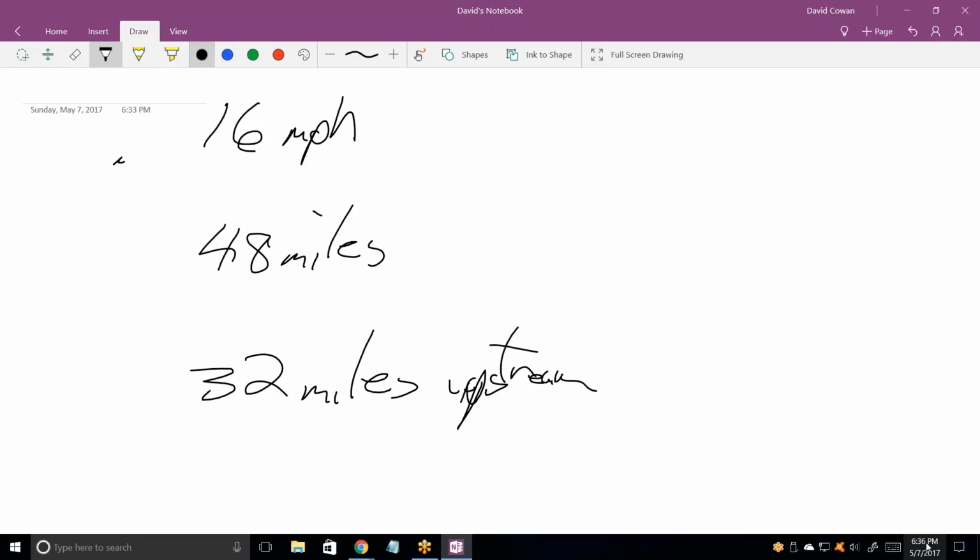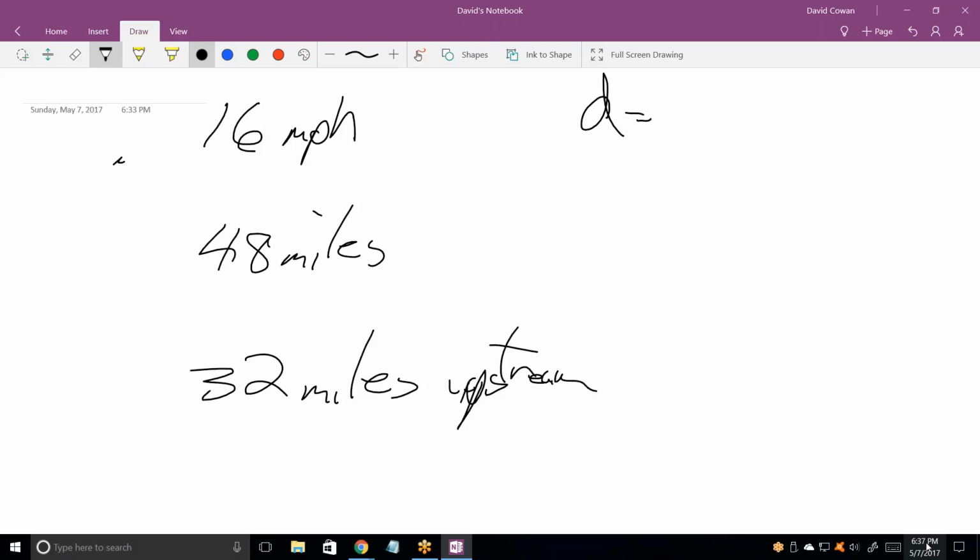All right. What's the master formula that covers this problem? What's the general formula? D equals RT.